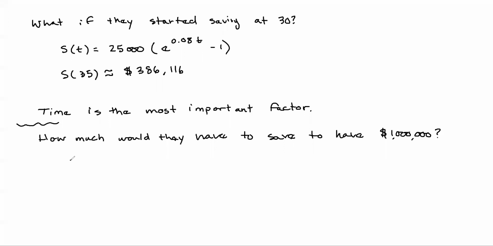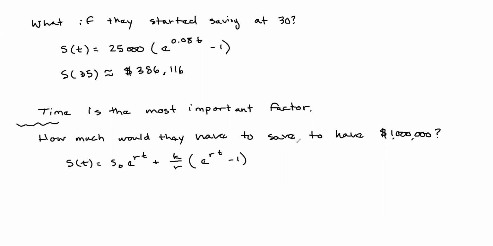So we've got S of T equals S naught e to the RT plus K over R times e to the RT minus 1. And what we want to know is what K needs to be, right? So K is going to end up being our unknown.